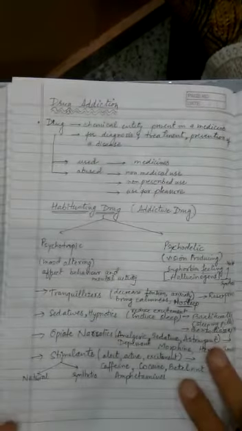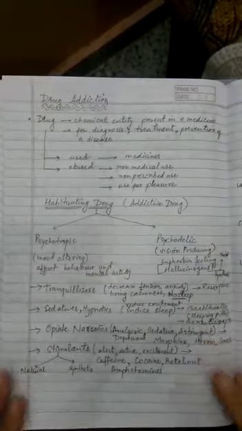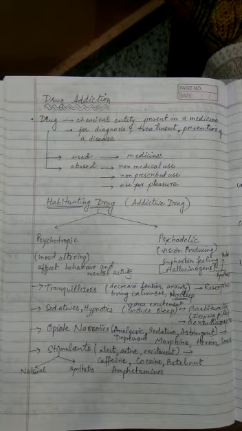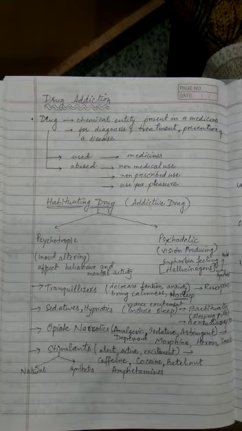So now in today's class we are going to start with drug addiction. It's slightly a long concept, because we have to cover the NCERT's content, finishing this chapter today. So drug addiction, how do you define it? Basically, a drug is a chemical entity which is present in a medicine, and it is used for diagnosis, for treatment, and for prevention of a disease.